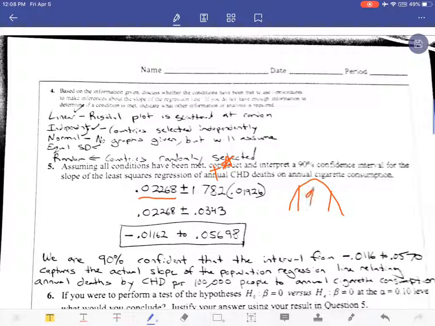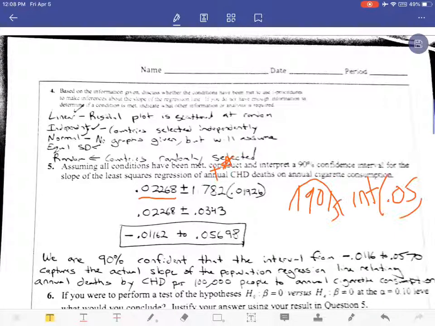Since we have 90 in the middle, that means that we're going to have 5% left over in the tail. So you're going to do inverse t and put down 0.05 for the area. And then your degrees of freedom are going to be sample size minus 1.